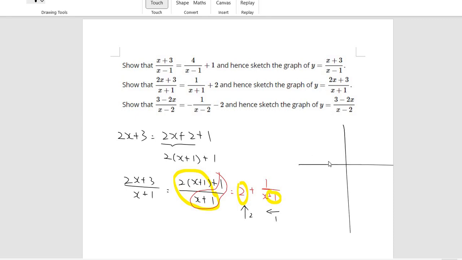The original asymptotes for the rectangular hyperbola: horizontally we have y equals 0. If you move everything up by 2 units, you end up with y equals 2. And vertically, we have x equals 0. If you move everything to the left by 1 unit, you end up with x equals -1.